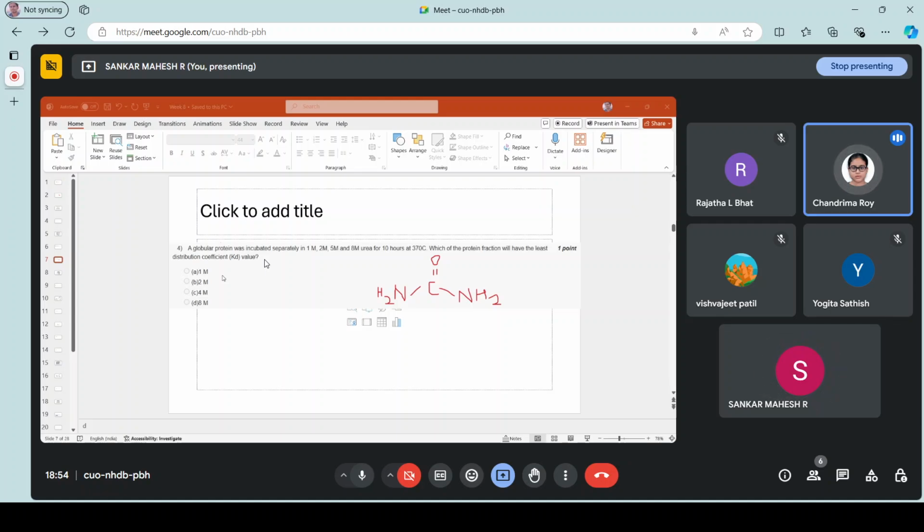Sir, in gel filtration, the smaller size protein is getting inside, and the larger one is outside of that pore or that bead. That is right.